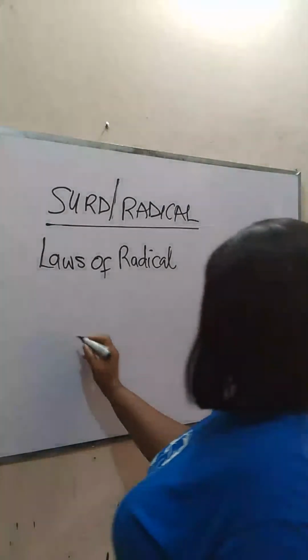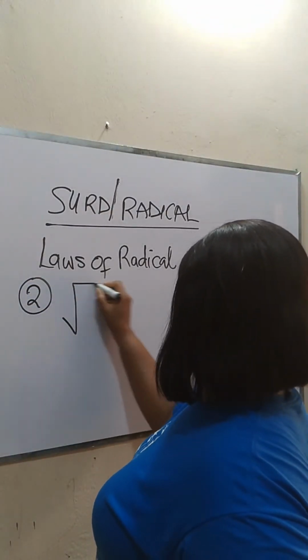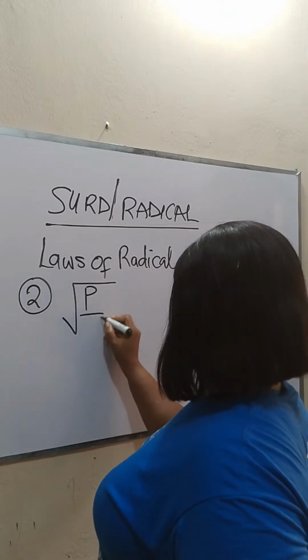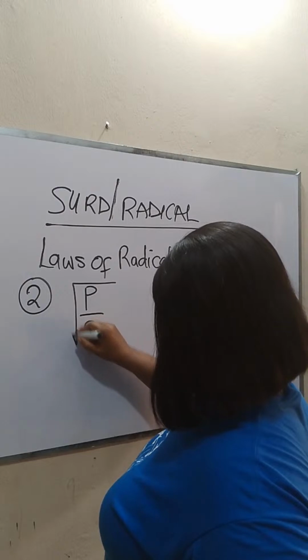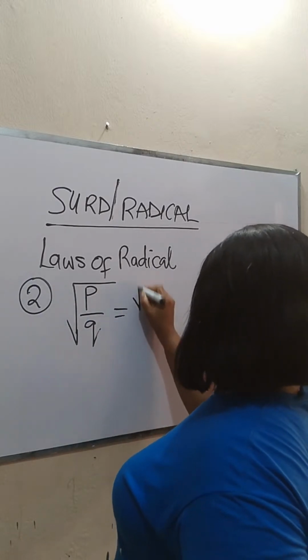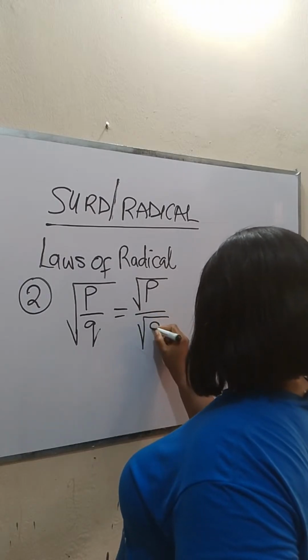The second law of radicals states that square root of P over Q is equal to square root of P over square root of Q.